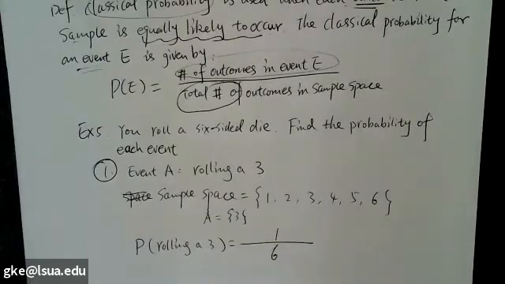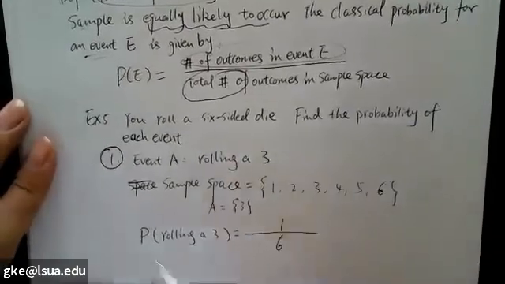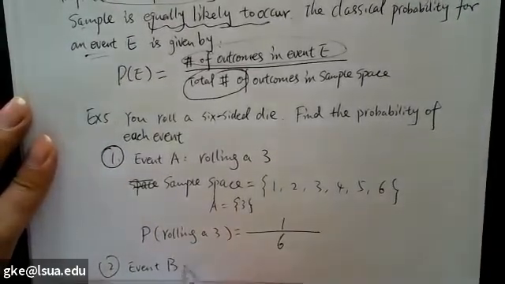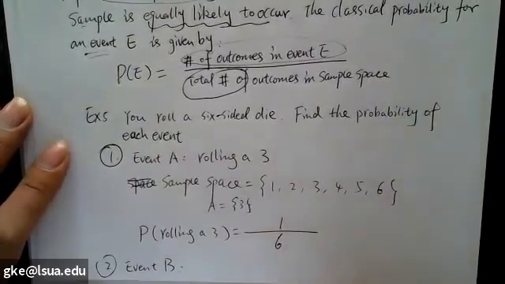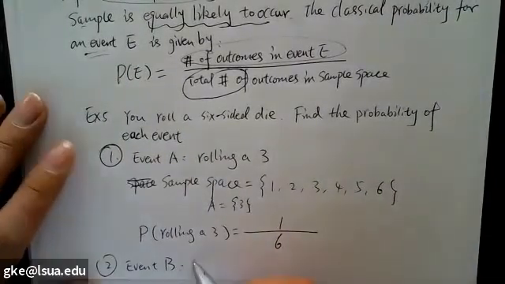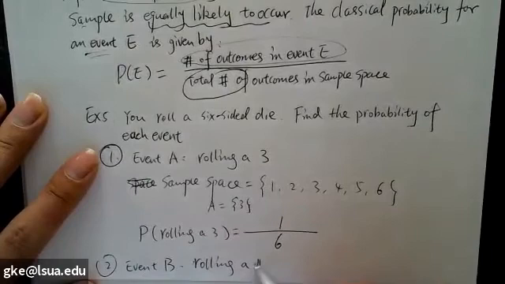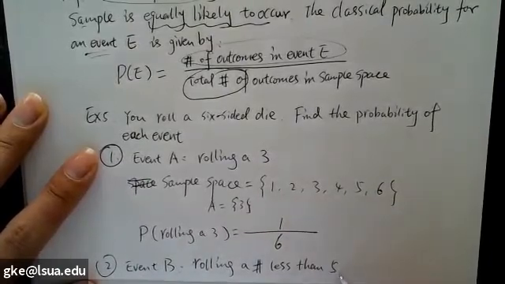Now, I want you guys to try this one. Event B, for example: rolling a number less than 5.